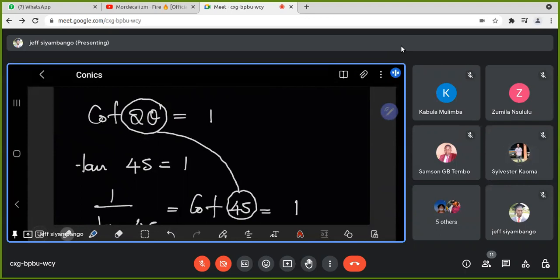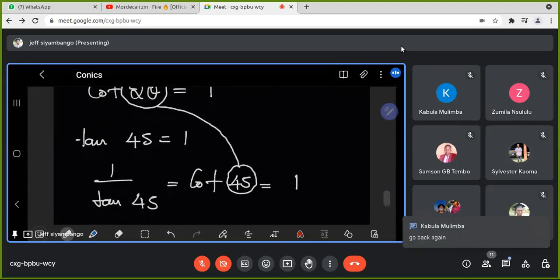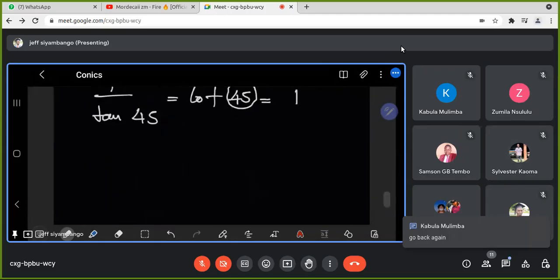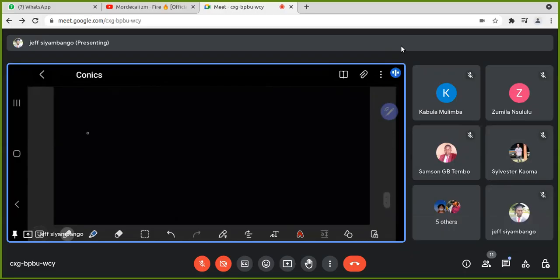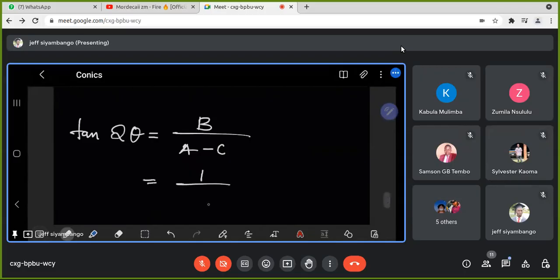Yes. So someone is asking us to go through that one more time. The concept here is quite simple. I can even look at it from the other expression. The other expression was tan 2 theta is equal to B over (A minus C). We know A is 0, B is 1, C is minus 1.